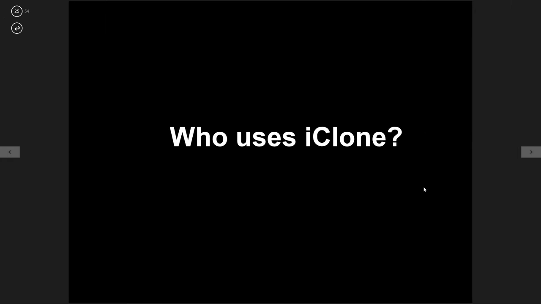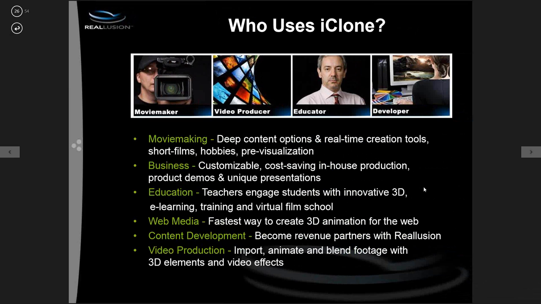So who uses iClone? These people here use iClone. We have movie makers using iClone, whether it be for professional production to previs. We also have business people using iClone. It's a very fast and efficient program to use for product demos or training or anything like that. Education, teachers also use it a lot.